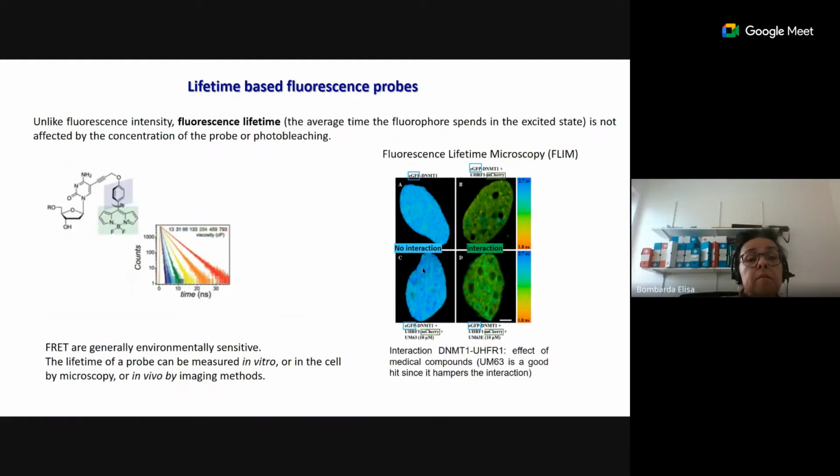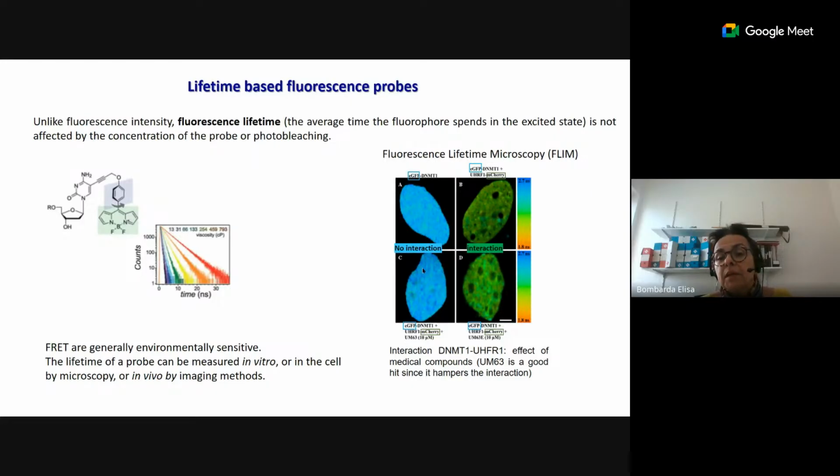Finally, another parameter. We were talking about fluorescence lifetime, which after intensity is the other fundamental characteristic of the fluorescence process. The fluorescence lifetime is the average time during which the molecules stay in the excited state.